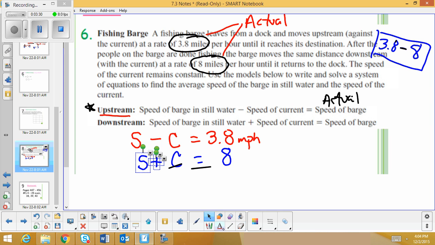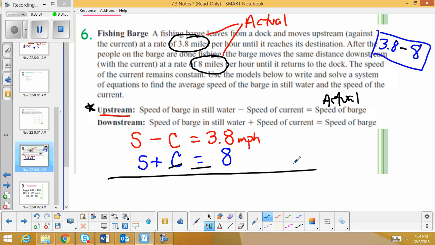Now I've got a situation where I've got S minus C equals 3.8, S plus C equals 8. I can simply cancel these out if I add them together, which is what we're practicing in this topic. So S plus S, that makes 2S, is equal to the sum of 3.8 and 8.